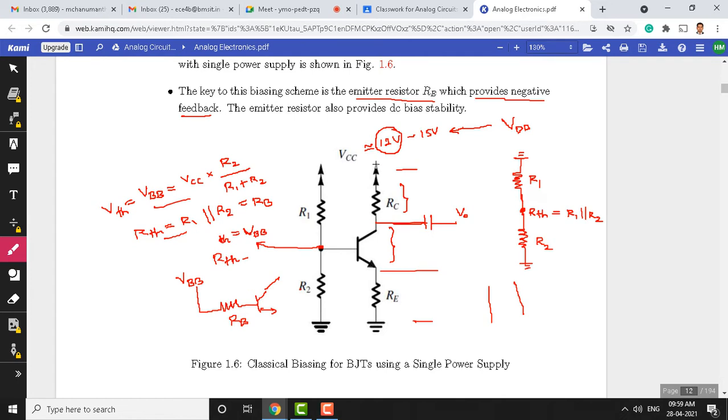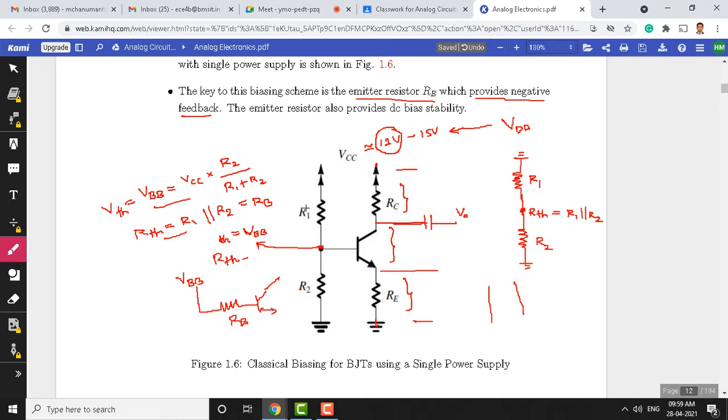One part drops across RC, another part drops across the collector and emitter of this BJT, which is VCE, and another part of the supply voltage drops across RE. So the drops across RC, VCE and RE will be equivalent to the supply voltage. Similarly, in this branch, the drop across R1 and R2 should be equal to the supply voltage.